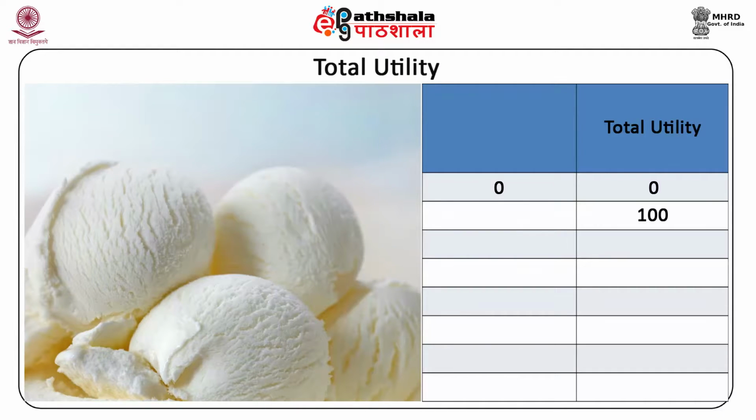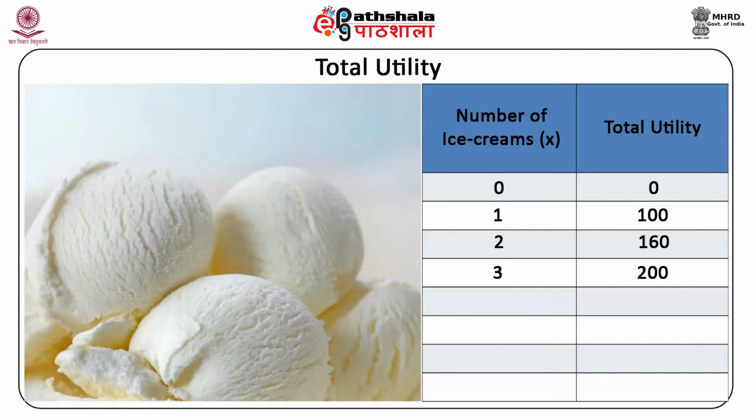100 units of utility are derived from consuming one ice cream a day. Total utility may increase to 160 if another unit of ice cream is consumed. If a third unit is consumed, then it results in total utility increasing to 200 units and so on.